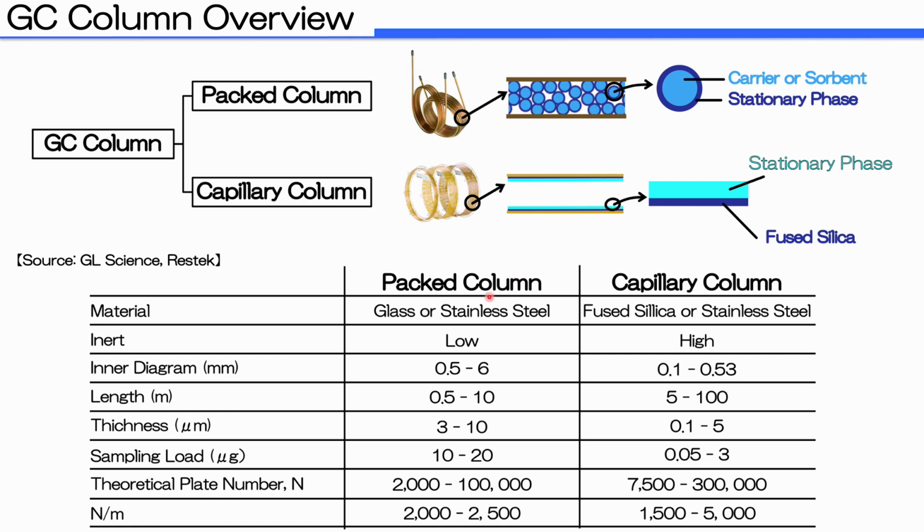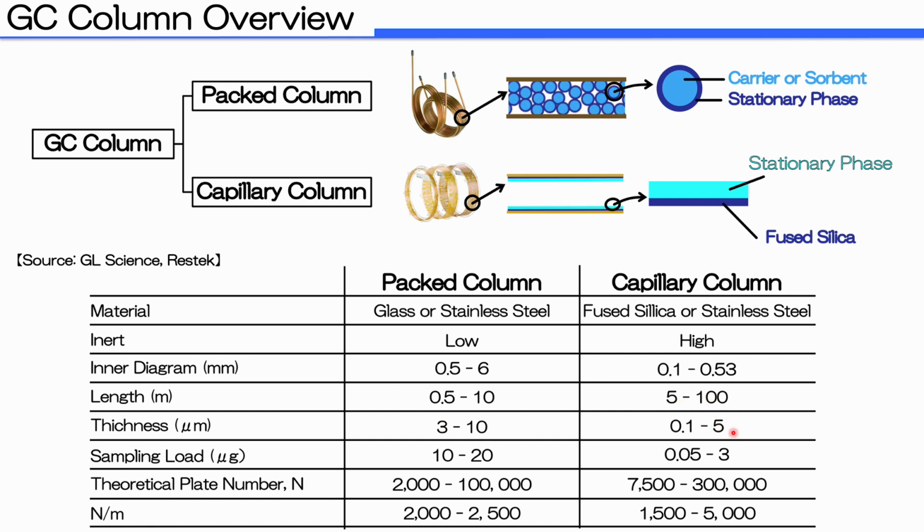Packed columns are made of glass or stainless steel, and capillary columns are made of fused silica or stainless. Capillary columns are more inert, and the inner diameter of the capillary column is narrower, and the length is longer.